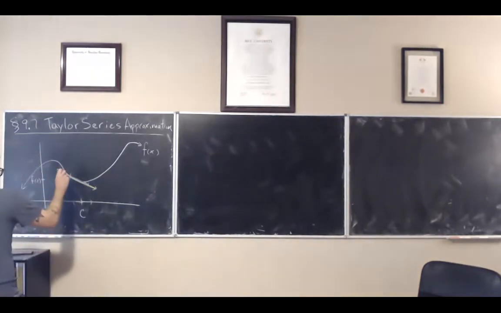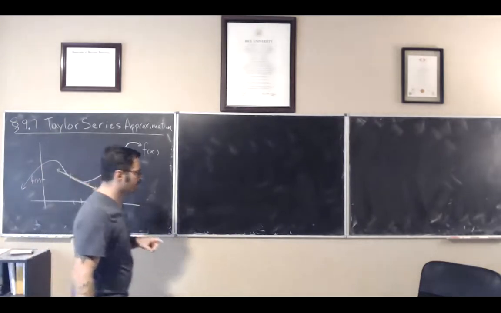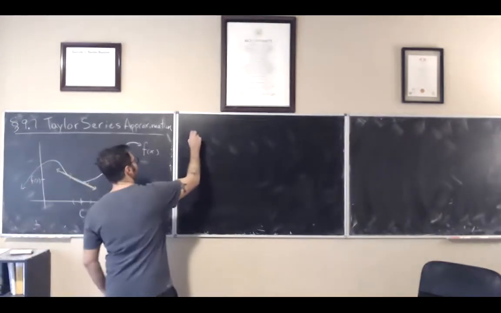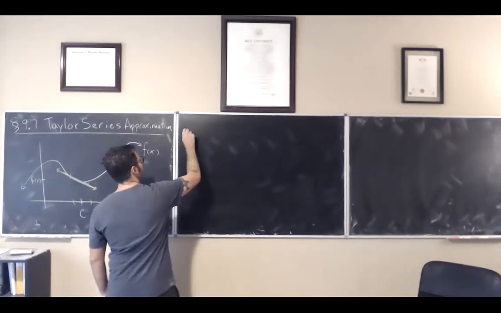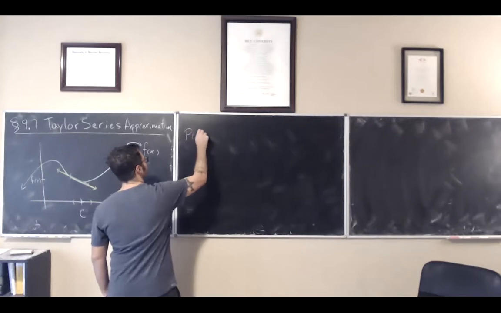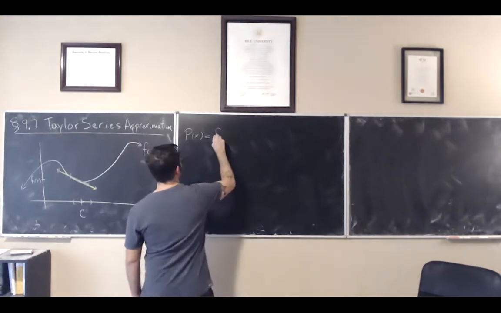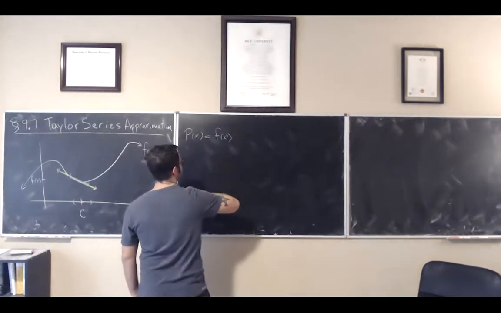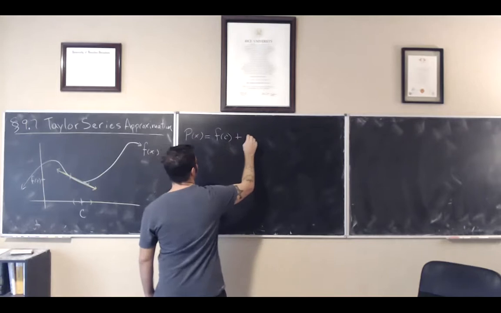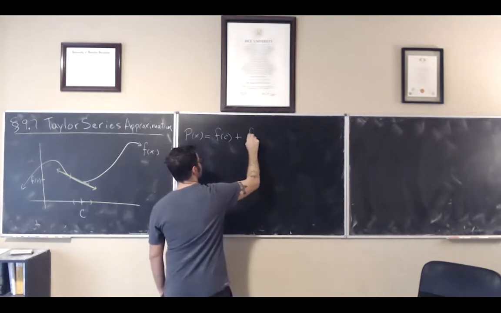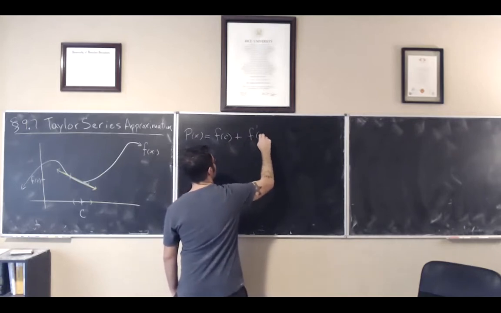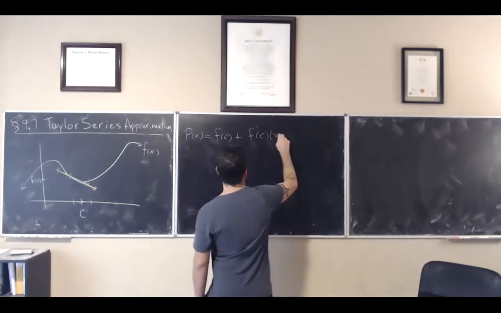So why not make a polynomial that does that? For example, let p of x equal f at c plus f prime at c times x minus c.